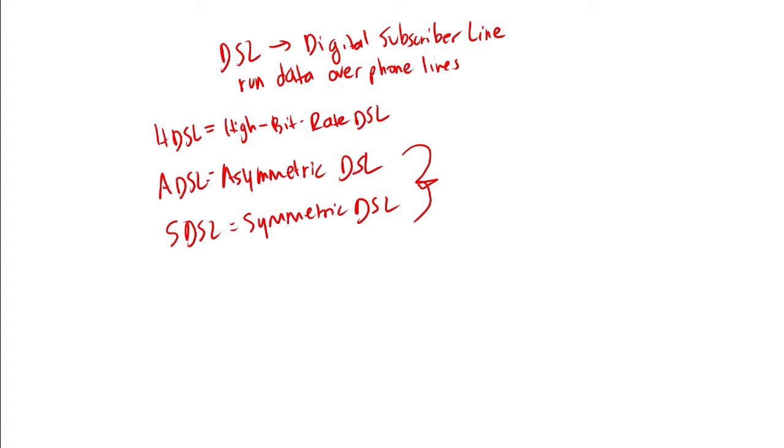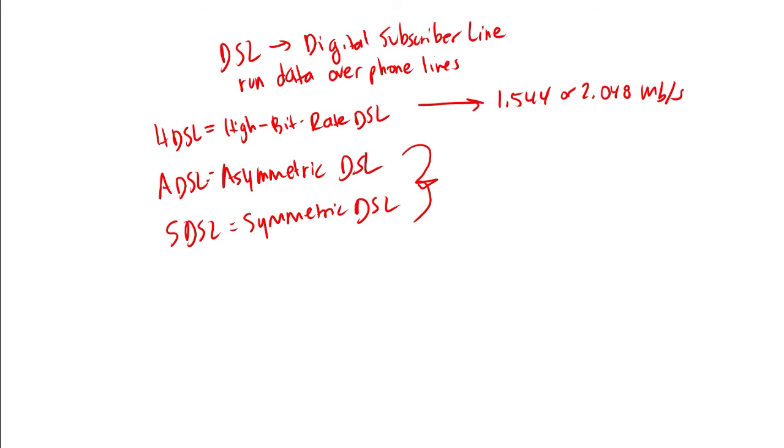So the high bitrate, which is misleading, can give us 1.544 or 2.048 megabits per second.